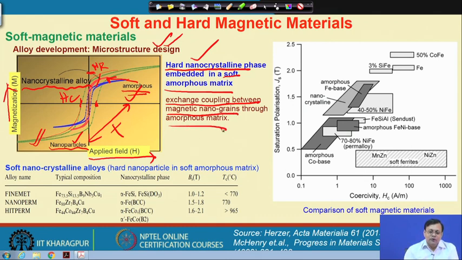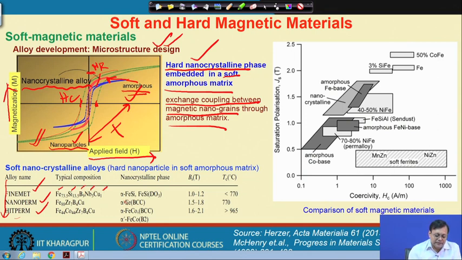So, if you look at these three major series of alloys like Finemet, Nanoperm and Heatperm, which have been developed chronologically, Heatperm is one of the latest series. Here we have iron, silicon and boron, niobium and copper.